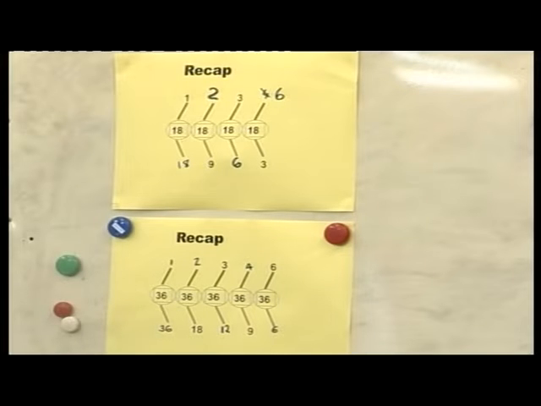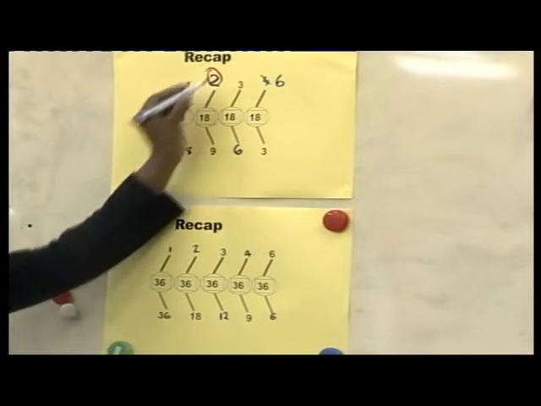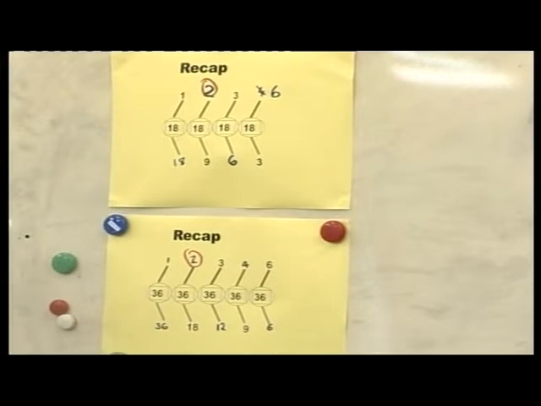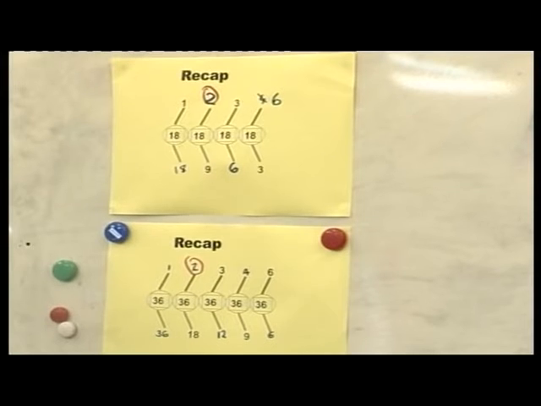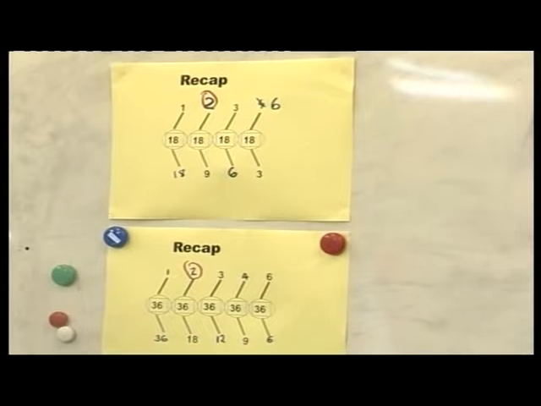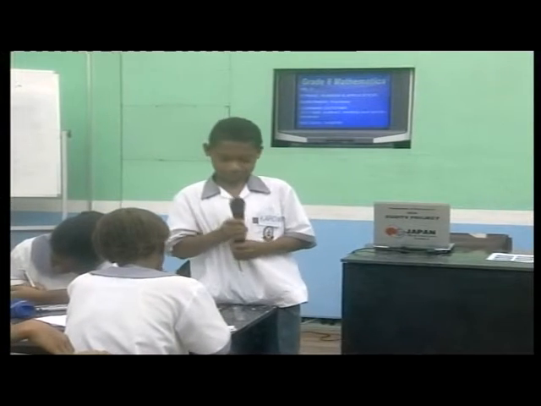We have 2. Okay, I will circle 2 from here. 2 is common from the 2 numbers, which is 18 and 36. What is another one? Caro. Loud and clear? 3.